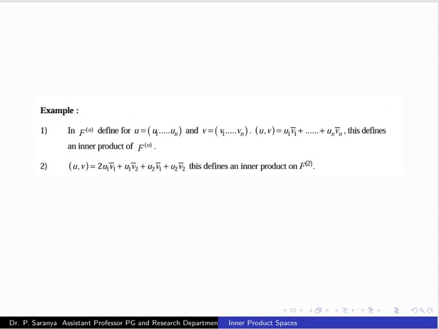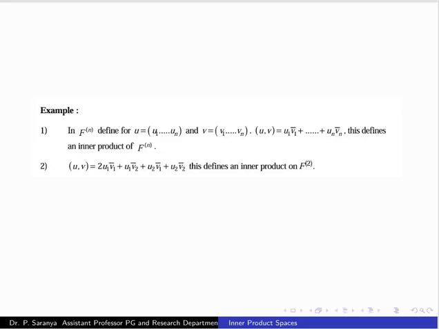Now we see an example for inner product space. In F^n, for u equal to (u1, u2, up to un) and v equal to (v1, v2, up to vn), the inner product of (u, v) equals u1 times the conjugate of v1 plus up to un times the conjugate of vn.